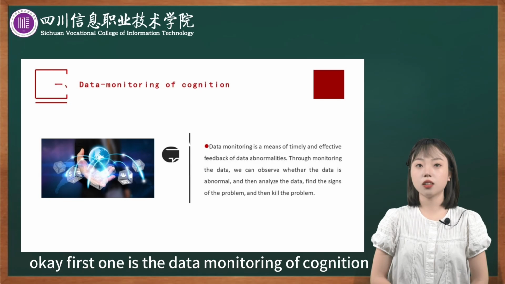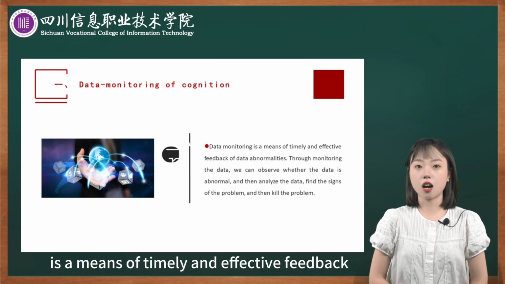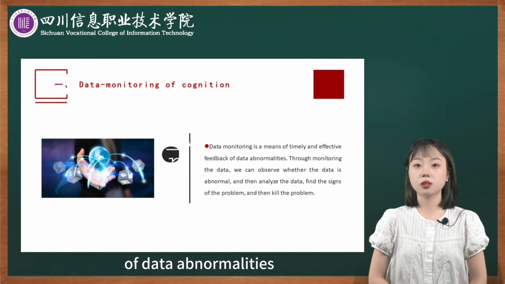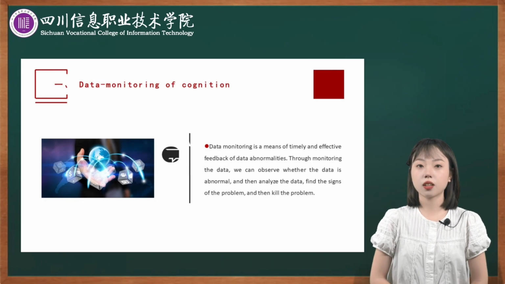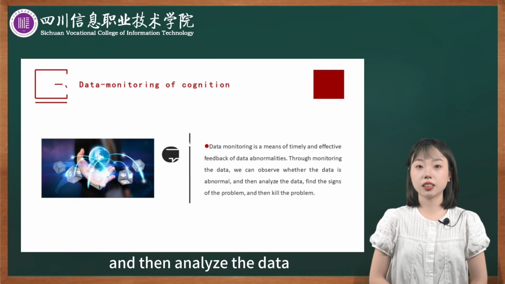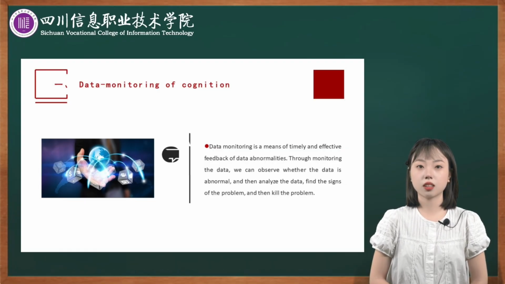Okay, first one is the data monitoring cognition. Data monitoring is a means of timely and effective feedback of data abnormalities. Through monitoring the data, we can observe whether the data is abnormal, and then analyze the data, find the signs of problems, and then solve the problems.